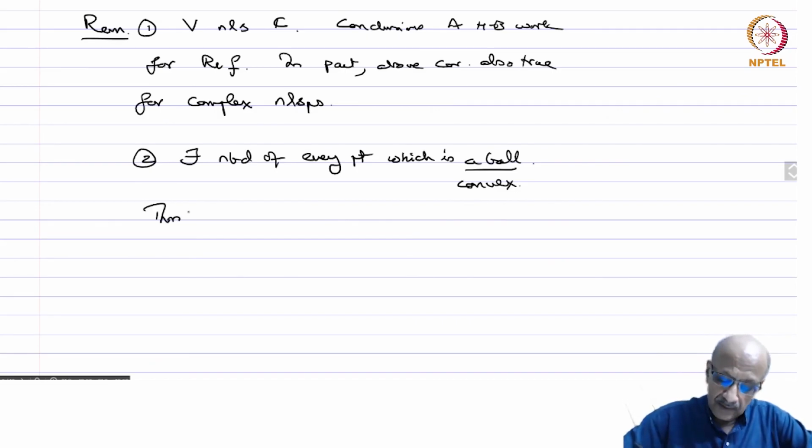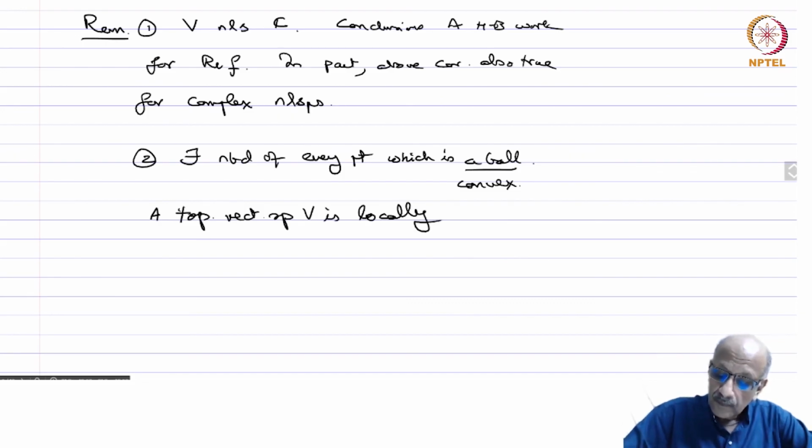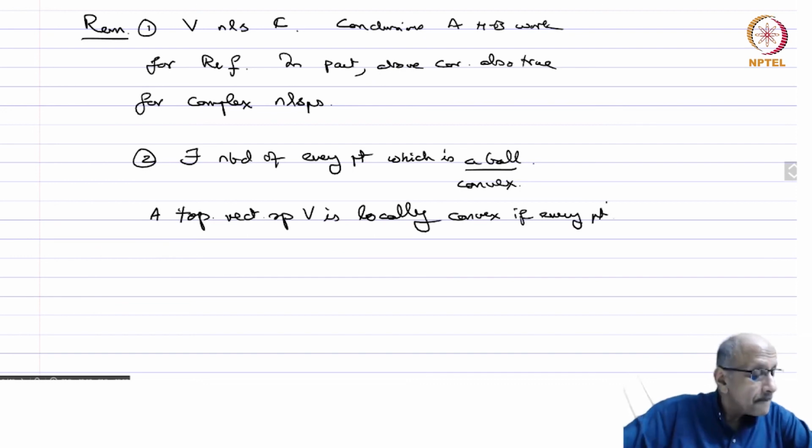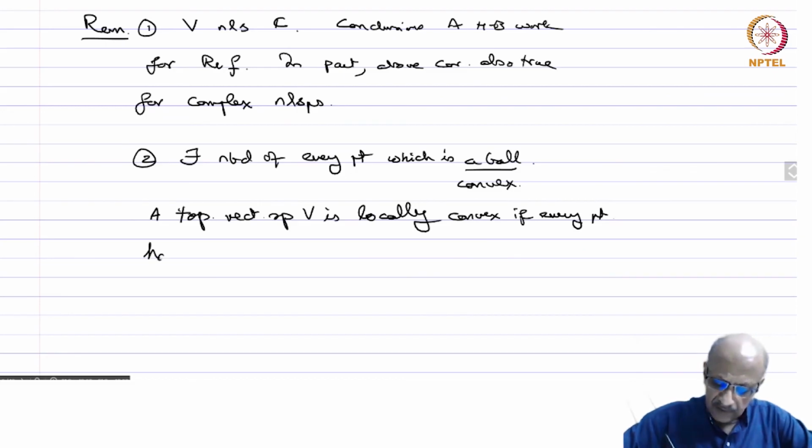So we say that a topological vector space V is locally convex if every point has a local basis made of convex sets.